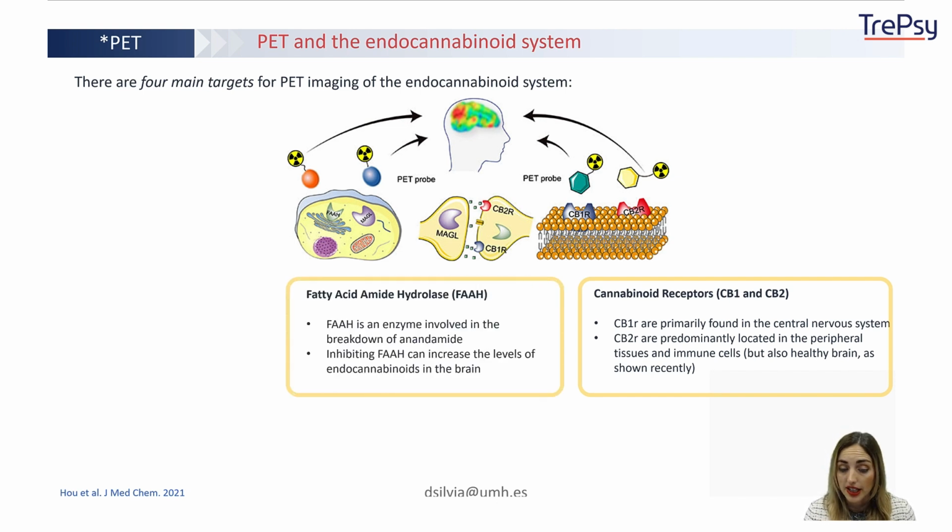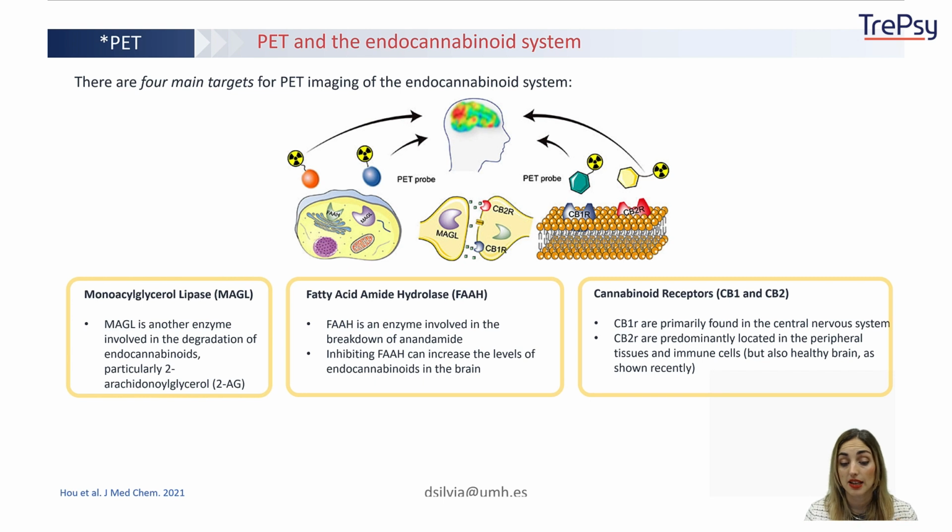Another target for PET imaging is the fatty acid amide hydrolase, or FAAH, which is an enzyme involved in the breakdown of anandamide. It's very important for the endocannabinoid system, and it can also be targeted by a PET tracer.